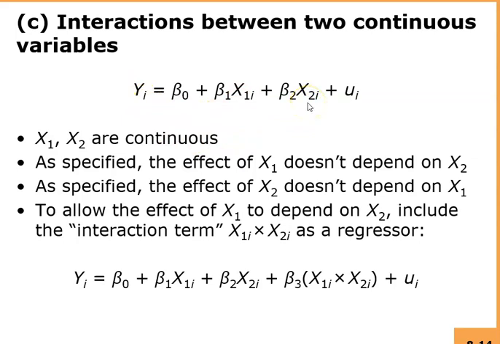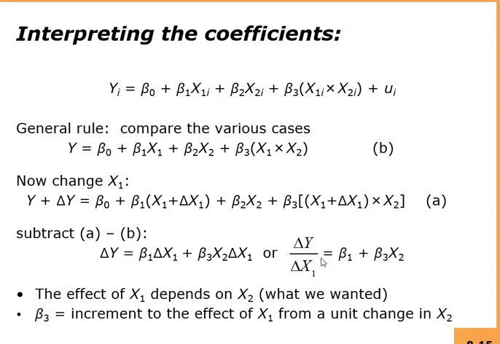So in order to capture that, we will have to introduce an interaction term into this regression equation, and when we do that, we can compare how the value of x2 will determine the relationship between x1 and y. So let's see how we can do that.